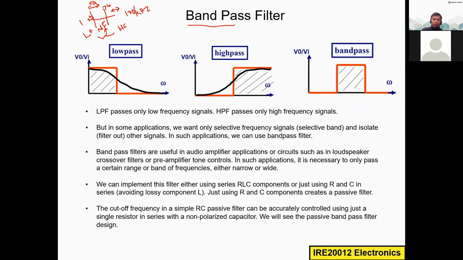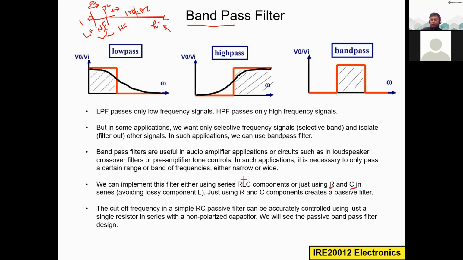If you really want a wide range, then you have to set up the R and C values, the resistor and capacitor values, in the filter design accordingly. We can also implement this band pass filter by using RLC components, RLC series components, or we can just use R and C only without L. This L is a lossy component or magnetic component.